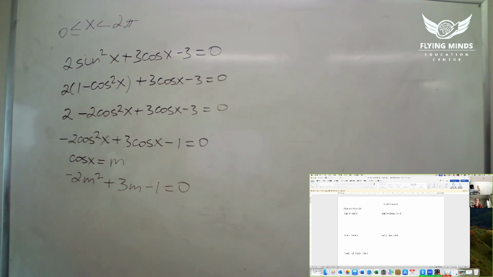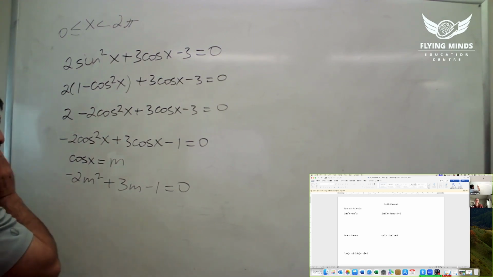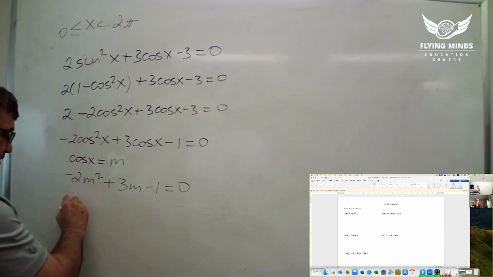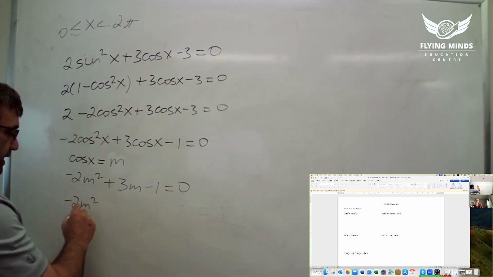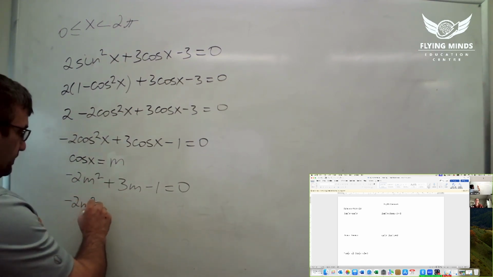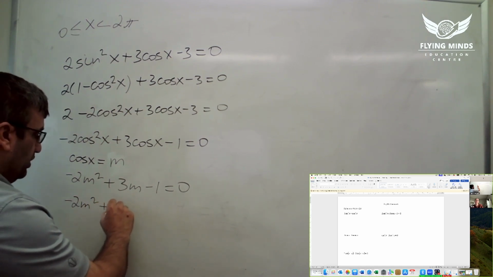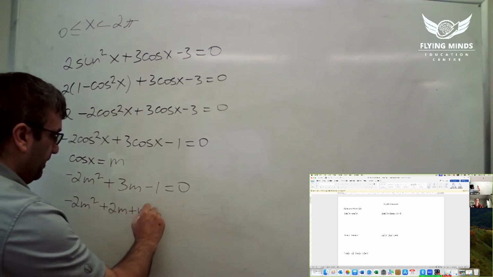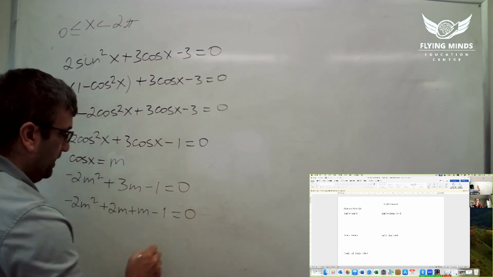Okay, so let's try to solve this quadratic equation. So it will be negative 2m squared, plus 2m plus m minus 1 equals to 0.